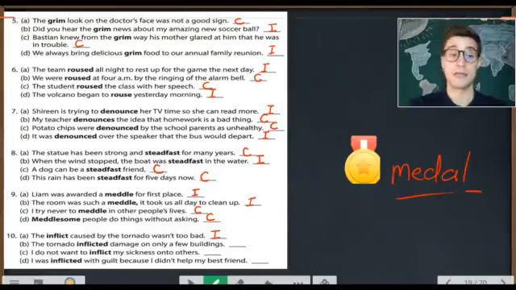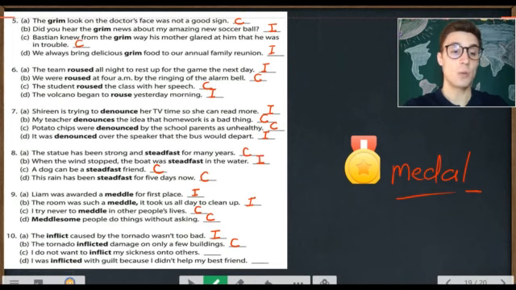It should be the damage inflicted by the tornado wasn't too bad. B. The tornado inflicted damage on only a few buildings. Correct. A tornado can inflict damage.